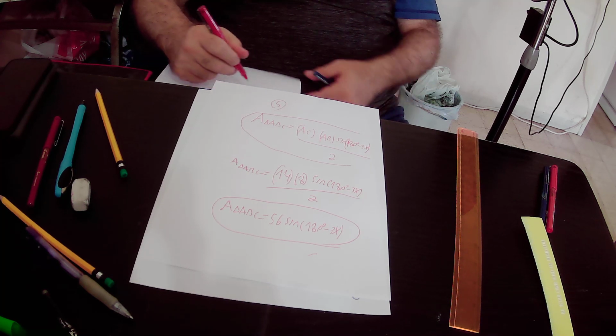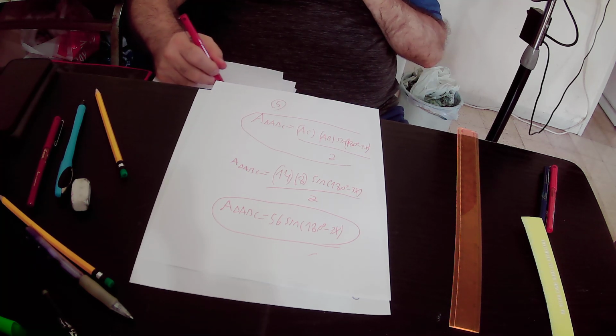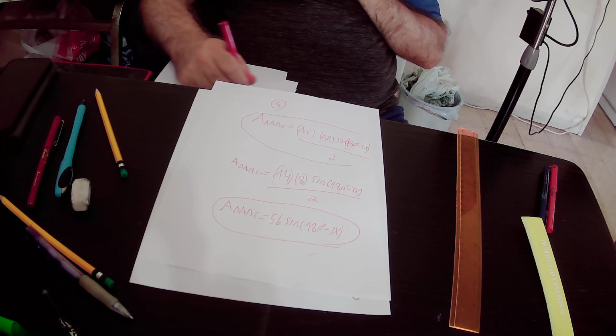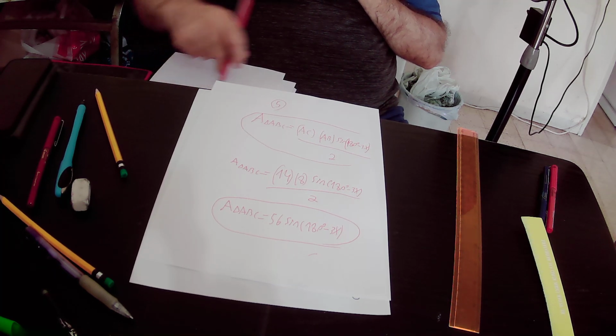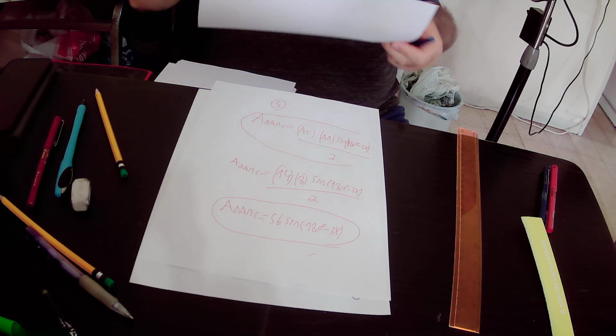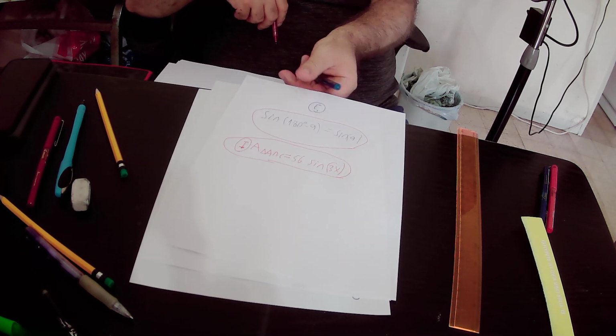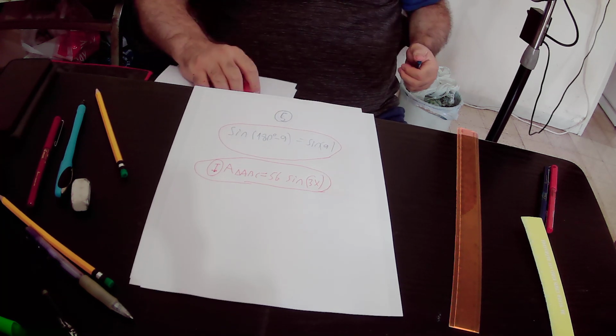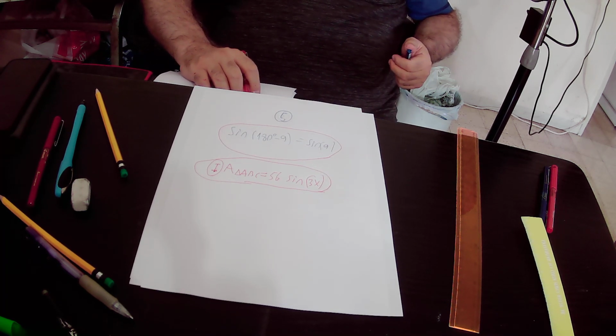So in total we got equation number 1. Equation number 1 states that the area of triangle ABC equals 56 times sine 3x.